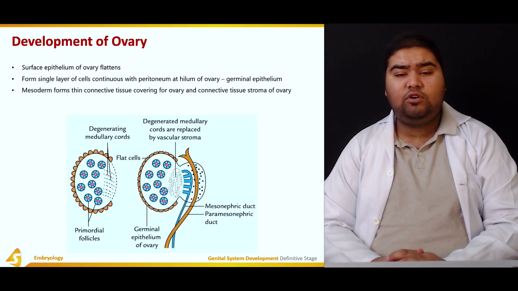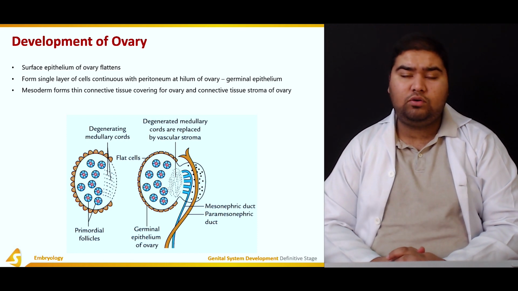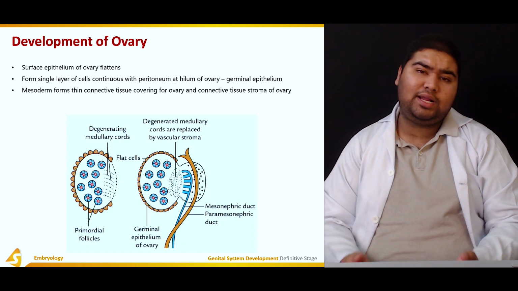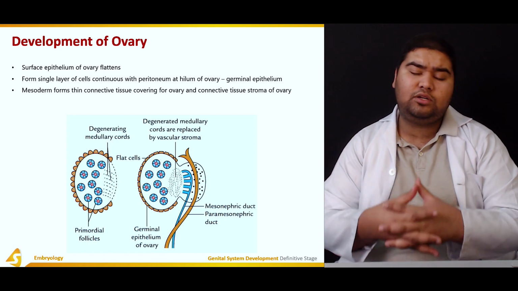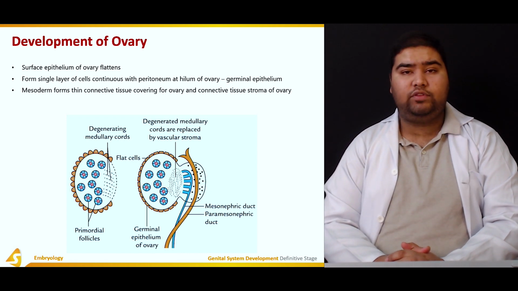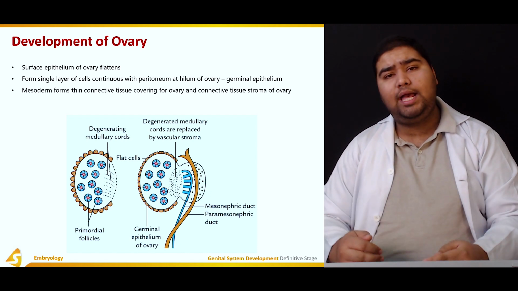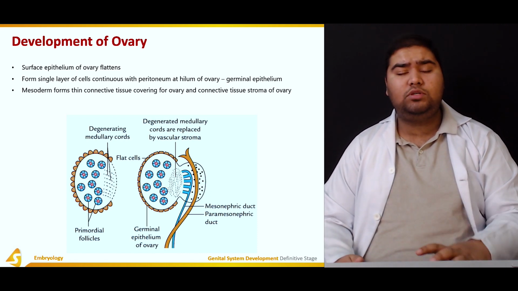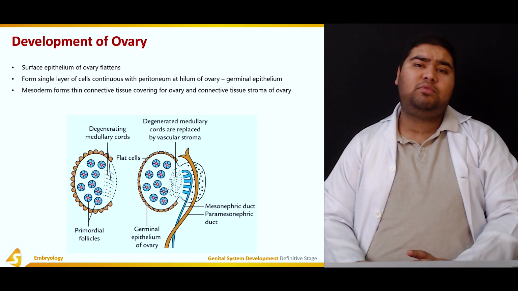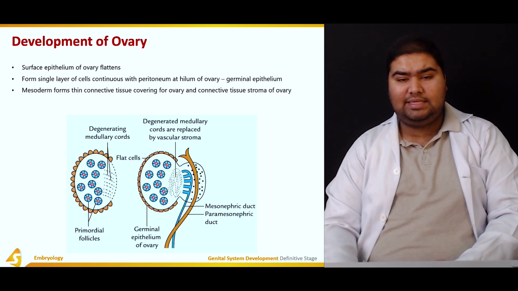The mesoderm forms thin connective tissue covering the ovary and the connective tissue stroma of the ovary. So the mesoderm only forms a thin connective tissue that covers the entire ovary, and it is also responsible for the formation of the connective tissue of the ovary. However, in the male counterpart, we had tunica albuginea, which was formed by the mesoderm, as well as the septa in the mediastinum of the testes, which cause lobulations in the developing testes.